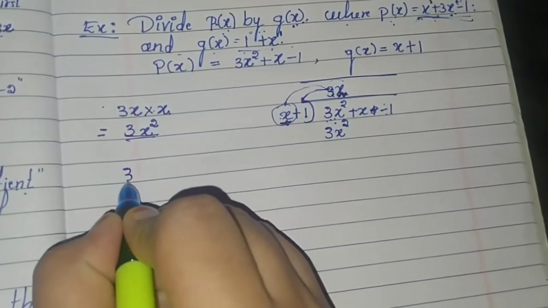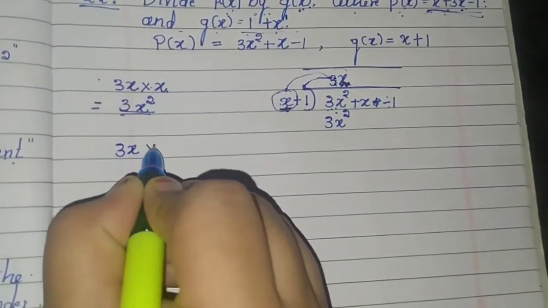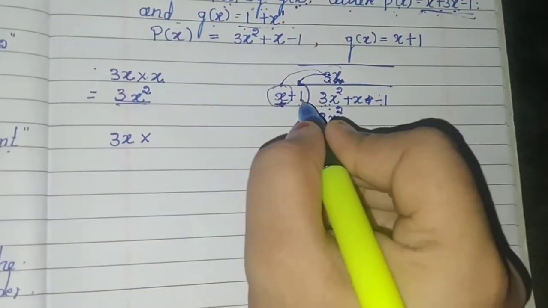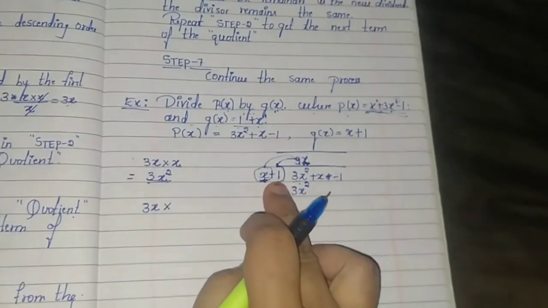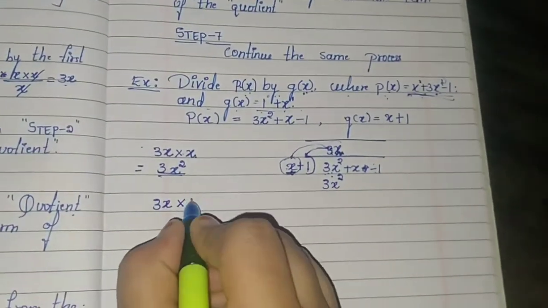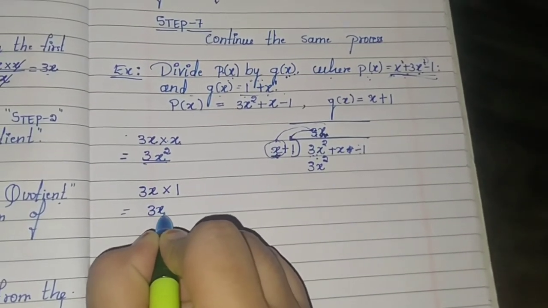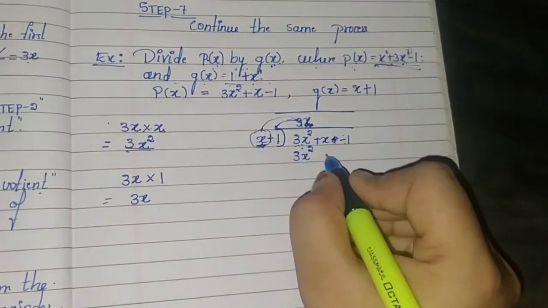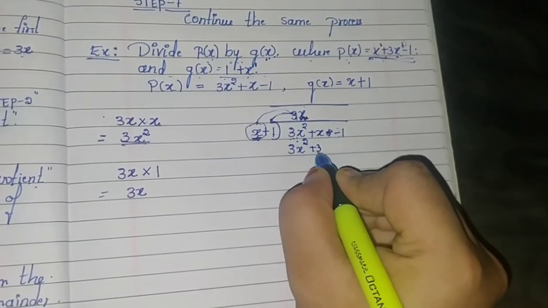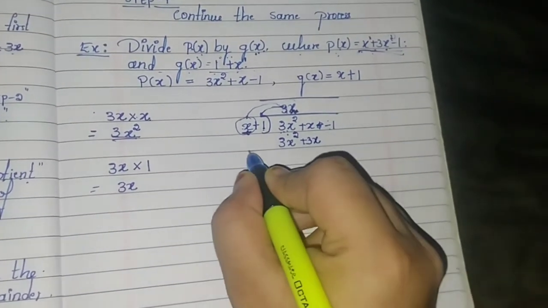Your quotient is 3x and the second term of the divisor is 1. So 3x into 1 is again 3x, and that 3x you also write below the dividend.